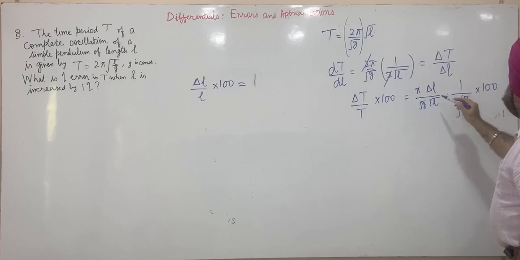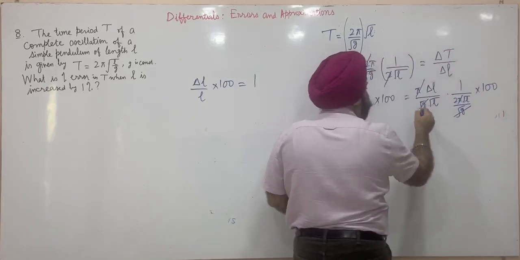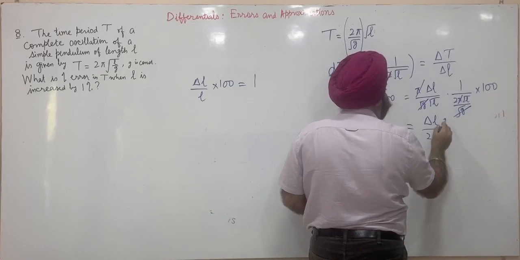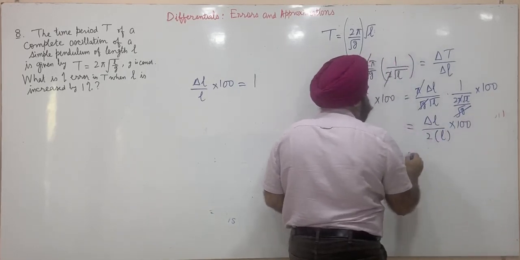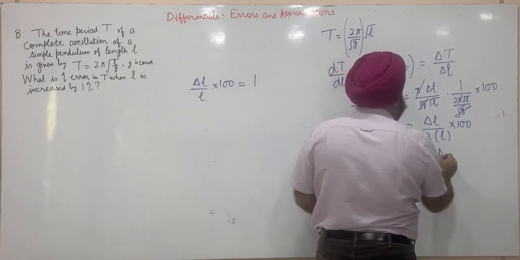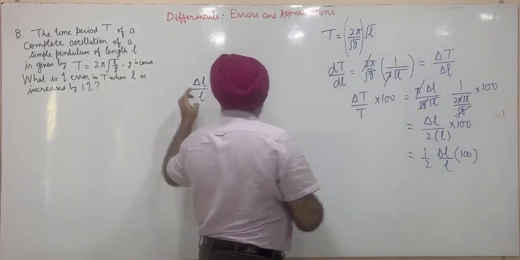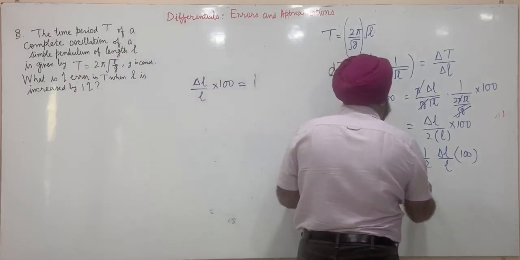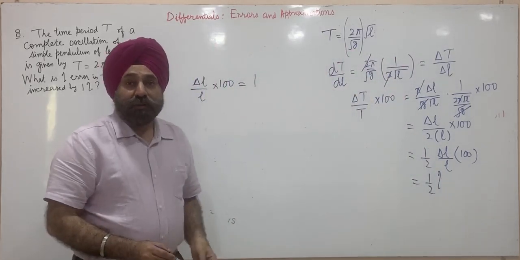We can cancel out: root L into root L is L, and root g will cancel out. So this is delta L upon 2, root L into root L is L, into 100. This is half delta L upon L into 100. And delta L upon L into 100 is given as 1. So this is your answer. This is half percent. Thank you so much.